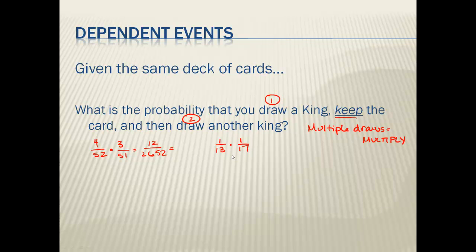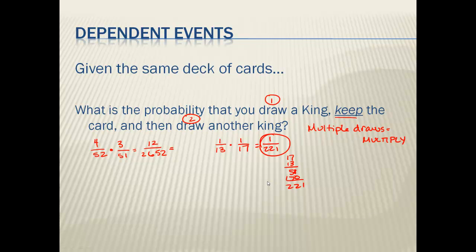Okay? So that right there is going to give you, let's see, 17 times 13, 221. So it'd be a 1 in 221 chance of drawing a king, keeping it, and then drawing another king.